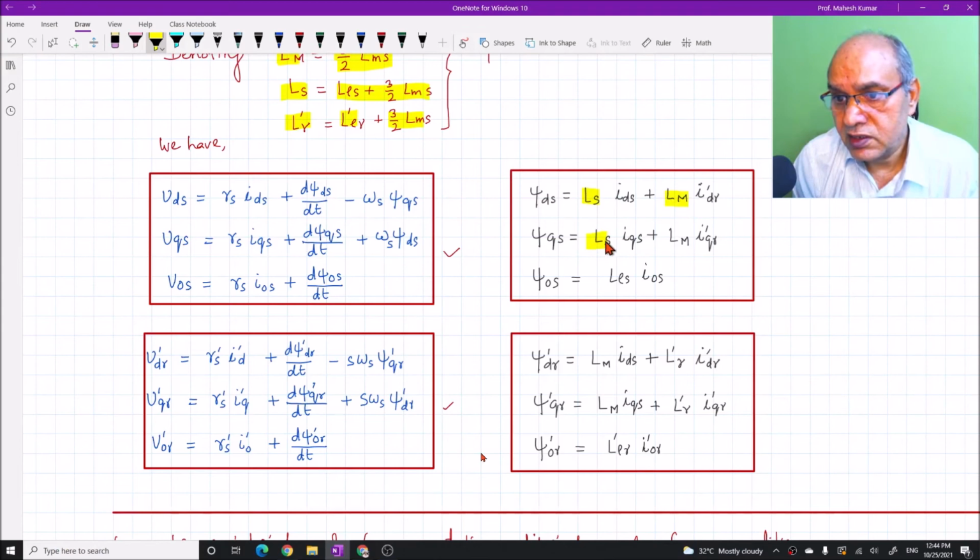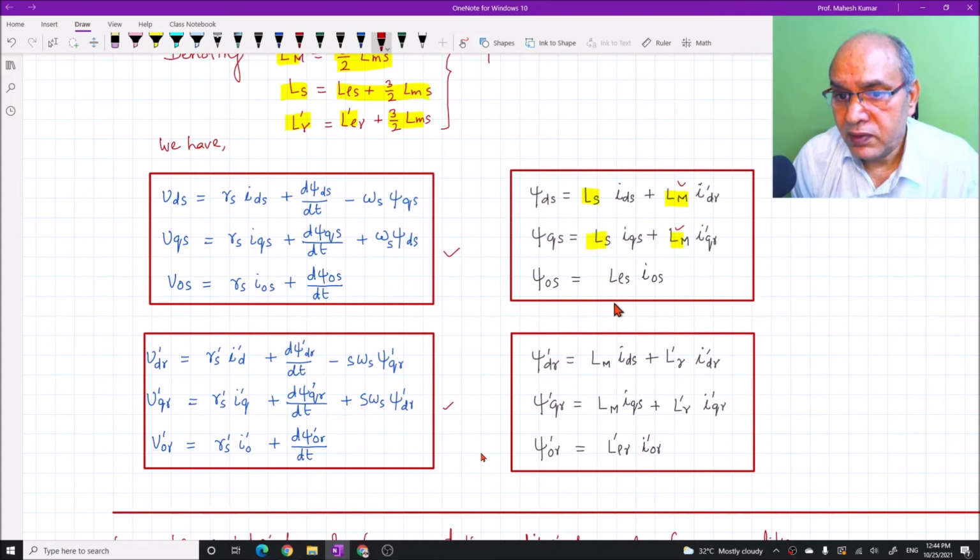This is LS, this is LM. So they are very much simplified in appearance, as if this is the overall inductance seen along the D axis and Q axis. And for mutual it is LM.